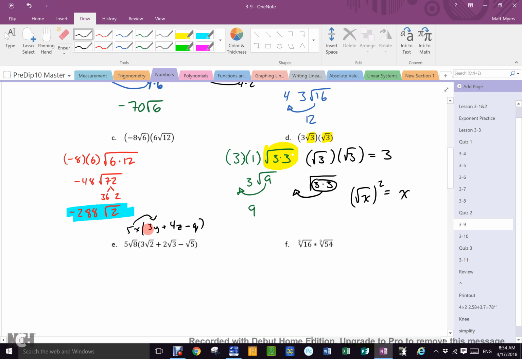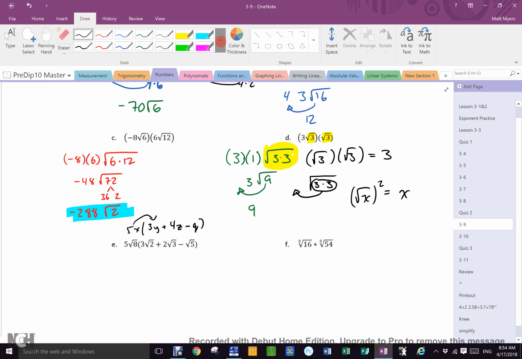We'd distribute. The first one would be 15xy, correct? The second one would be 20xz, correct? And the third one would be 5xq, right? So what do we do here? Same thing. That's how math works.